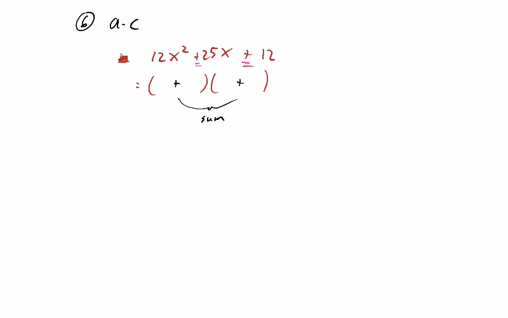But recall that the AC method requires us to take the coefficient for a, which is 12, times the coefficient of c, which is 12, which gets us all the way up to 144. Therefore, there are going to be a lot of possible factors, but we will be looking for 2 factors that sum to 25, and it turns out it works out nicely. So we could then use those factors to split the middle term. And then grouping the 4 terms in pairs would allow us to figure out how to factor it completely.